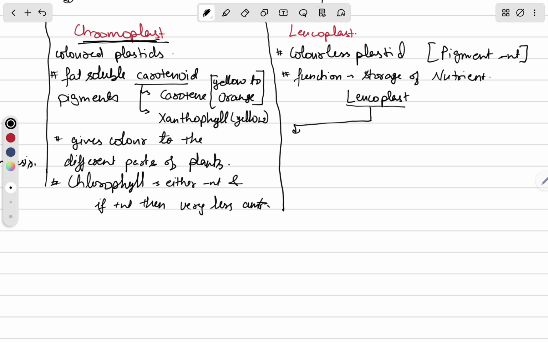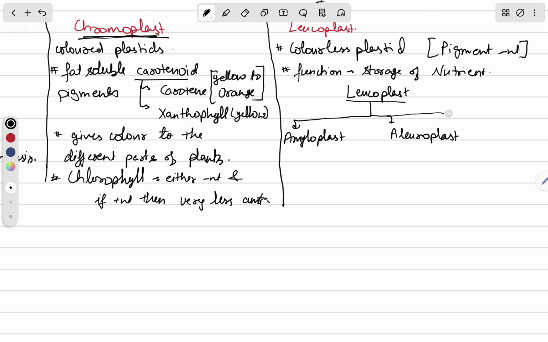We have number 1 amyloplast, number 2 aleuroplast, number 3 elaioplast, right? So this categorization is on the basis of stored nutrient.